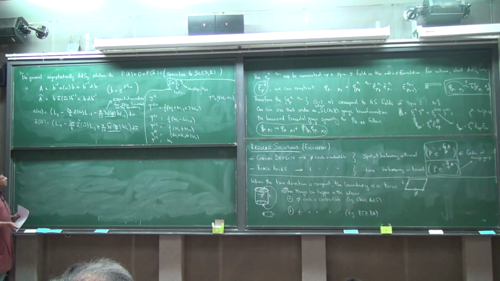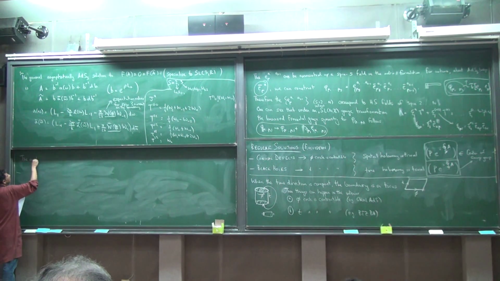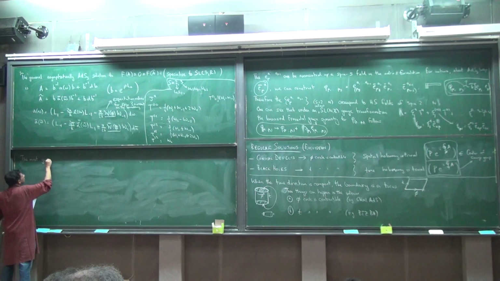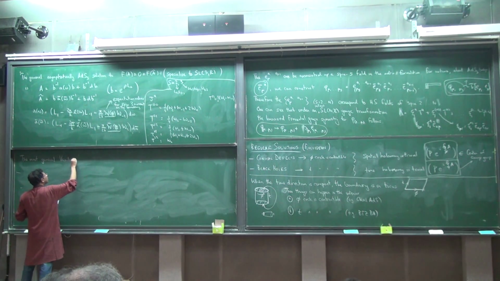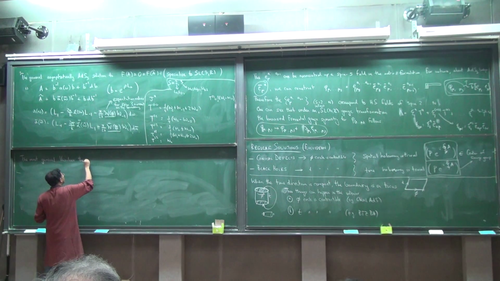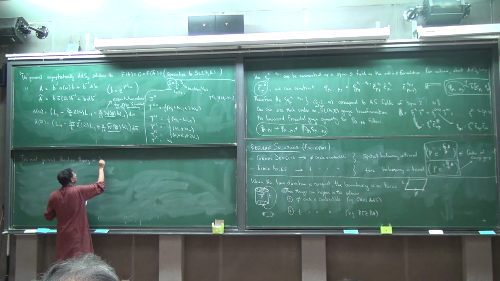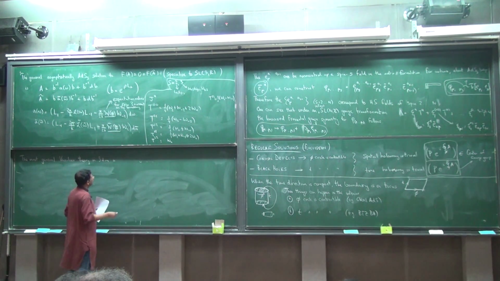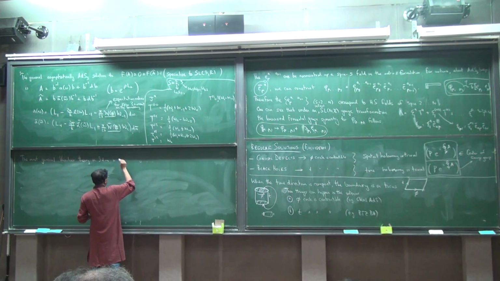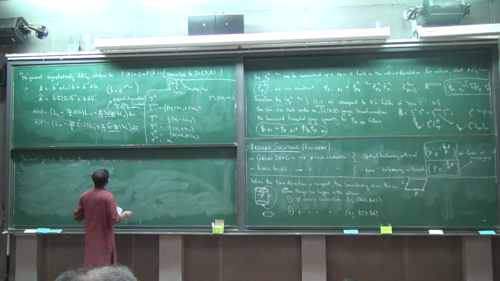So the most general Vasiliev theory in three dimensions is not the SLNR class of theories.